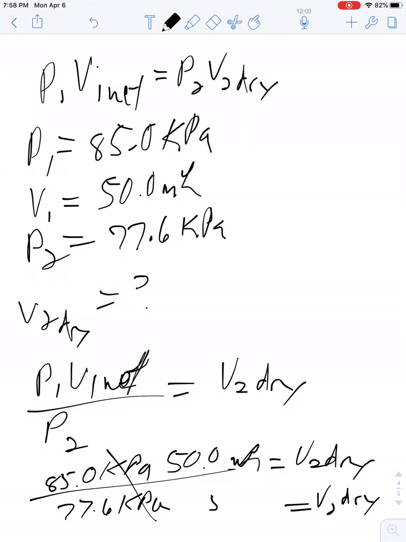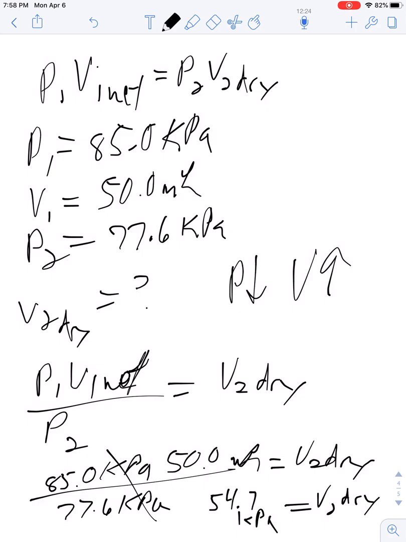And I get 54.7 mL. And here's the reason why the volume goes up. I misspoke before. If the pressure goes down, the volume goes up because it's an inverse relationship. So as pressure decreases, volume increases.